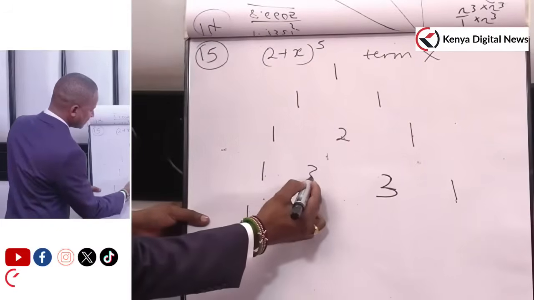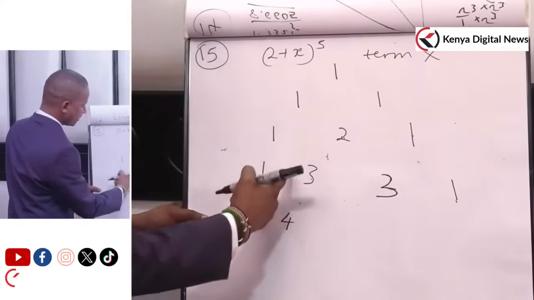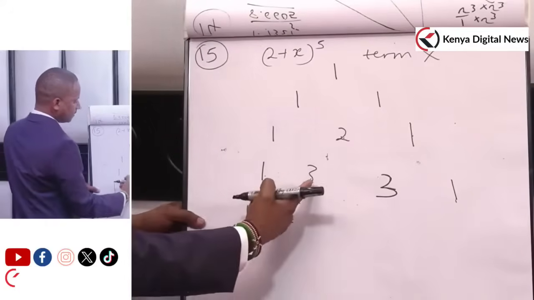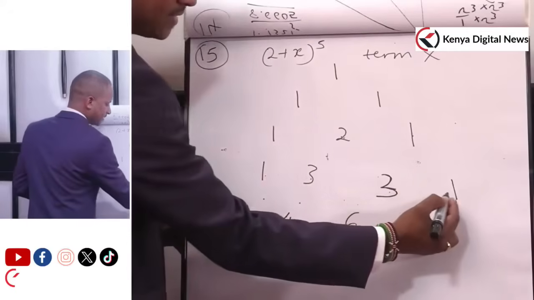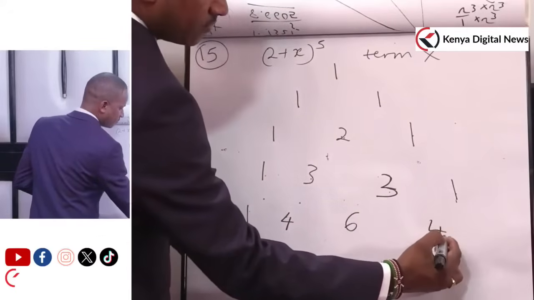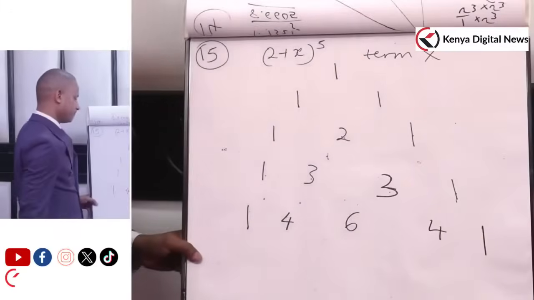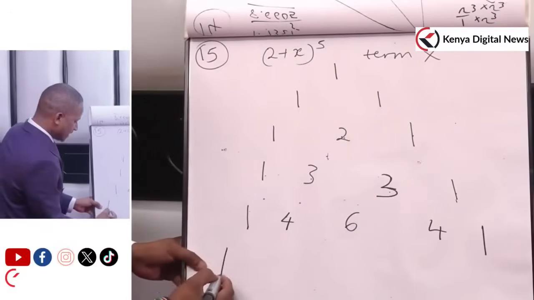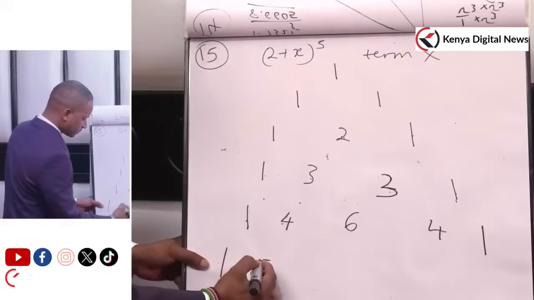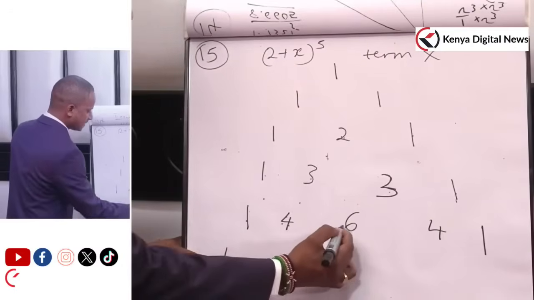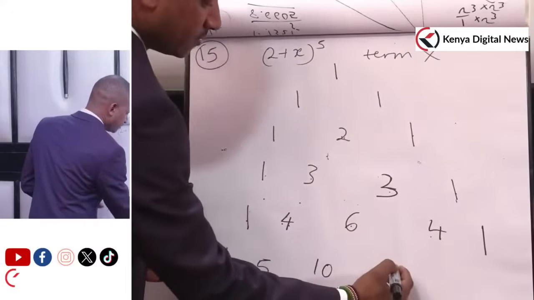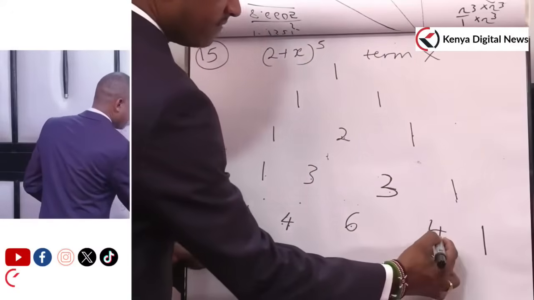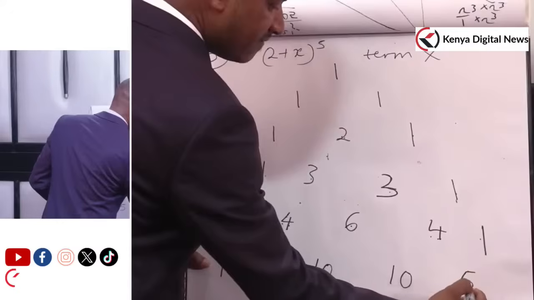1 plus 3, 4. You write just in between the spaces. Then 3 plus 3, 6. Then 3 plus 1, 4. Then another 1. Then you go to 1. 1 plus 4, 5. 4 plus 6, 10. 6 plus 4, 10. 4 plus 1, 5.